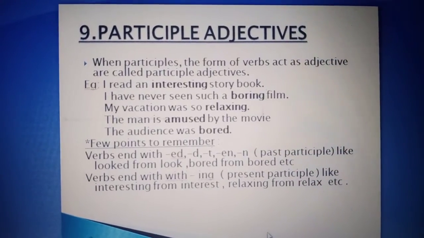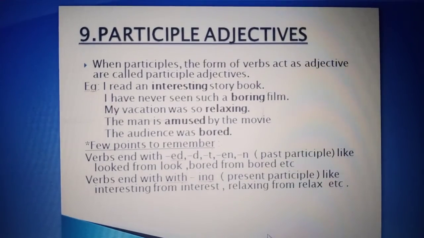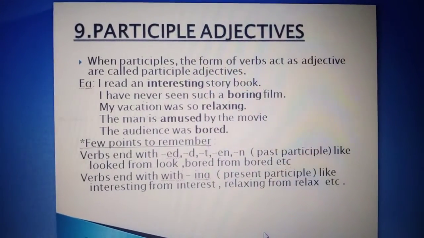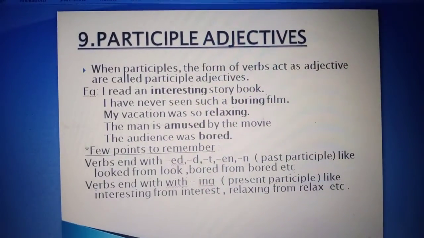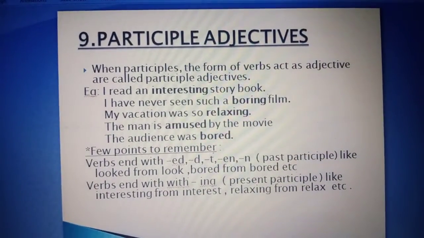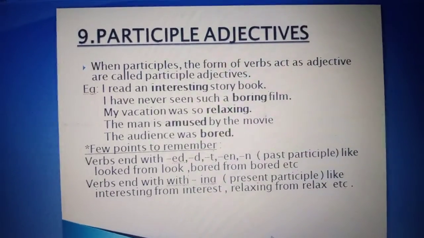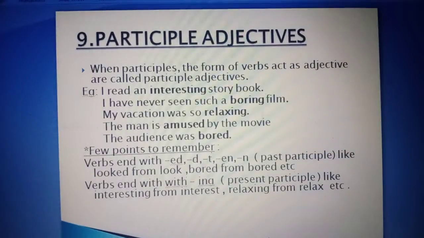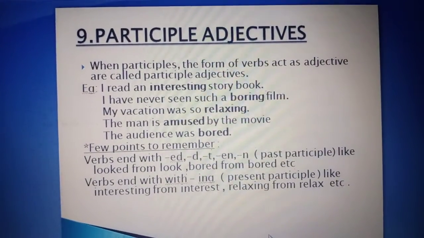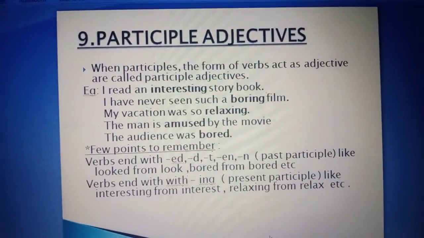Students, another type, participle adjectives. So first of all, I'll tell you what is participle. Participle is one of the types of verb. It is non-finite verb actually. It is not directly linked with the subject. It is of two types, past participle and present participle.